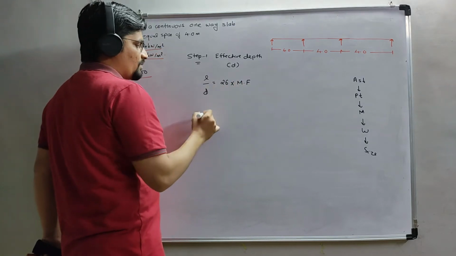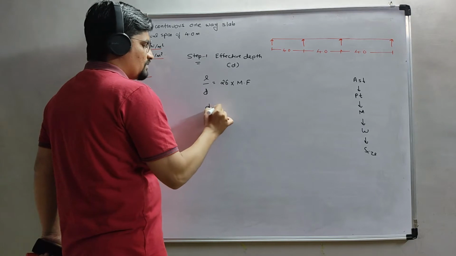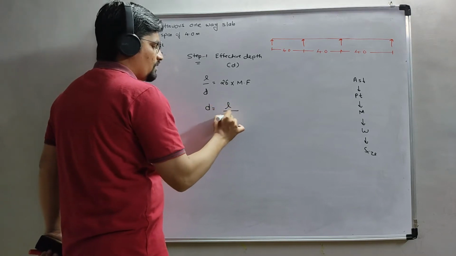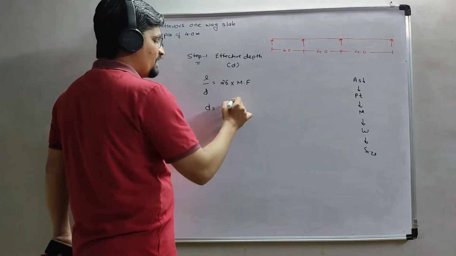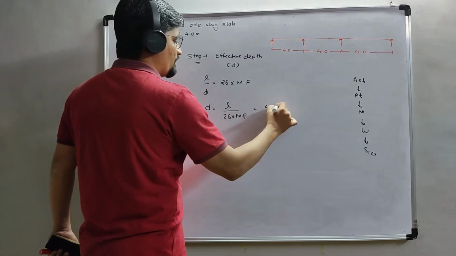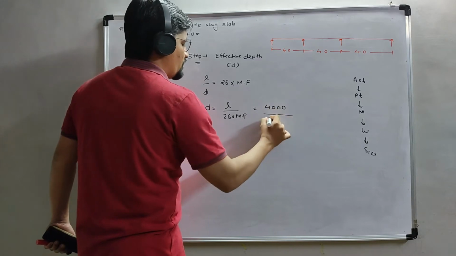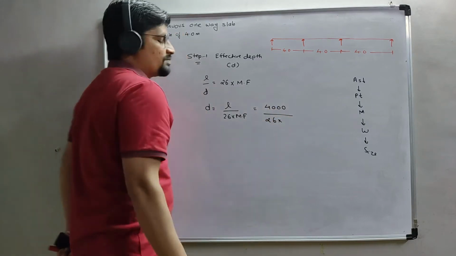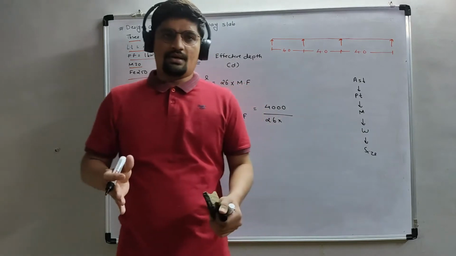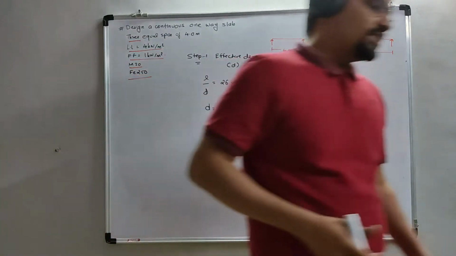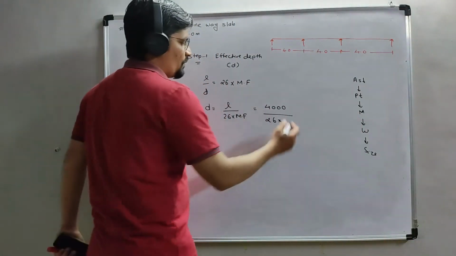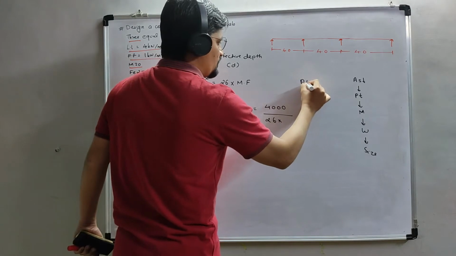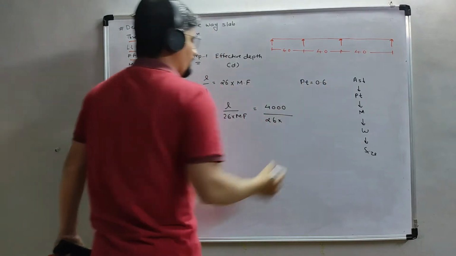We need to find the depth. So the equation of d is equal to L divided by 26 into modification factor. The length is 4000 mm, and the modification factor will be as per the chart on page number 38. The percentage of steel we assume is 0.6.